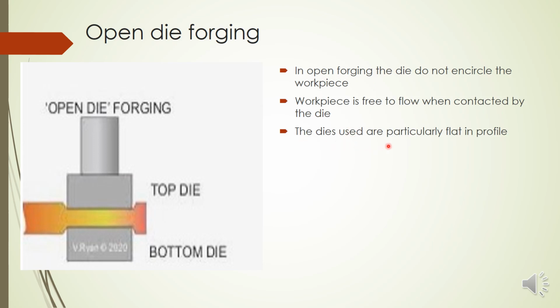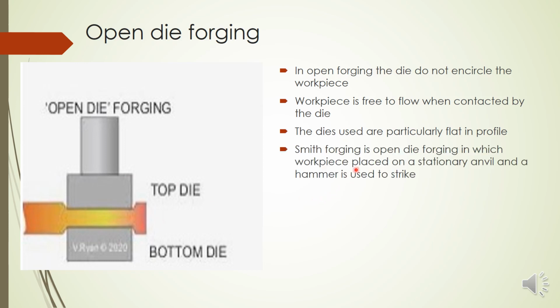And the dies used are particularly flat in profile. So you can see the top and bottom die are flat in profile. And the normal smith forging is an open die forging. So you have done this open die forging in your workshop, in which the workpiece is placed on a stationary anvil and a hammer is used to strike.